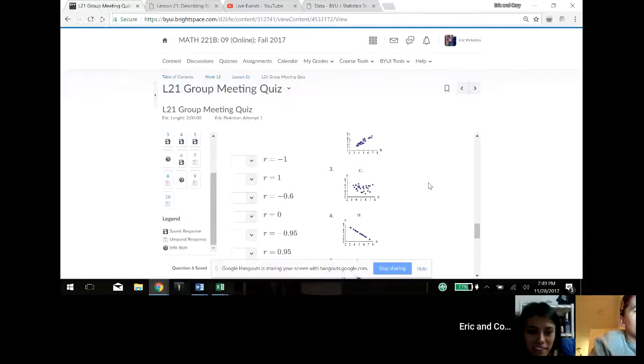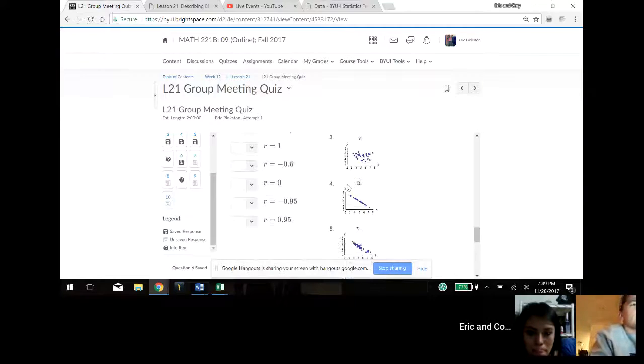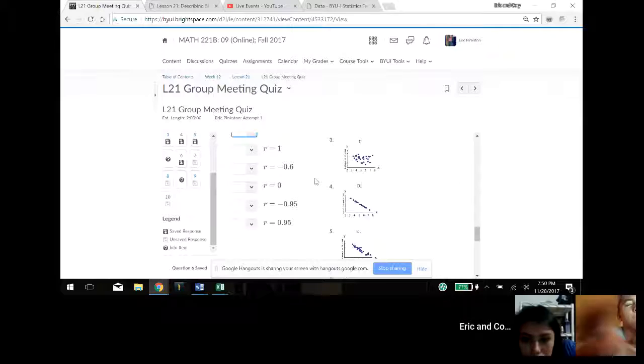Match the scatter plot with the correlation coefficient. R equals -1 is D, or 4. Oh, you have to match each one with each one. So the first one, negative 0.6, we're going D. No, my first one is R equals -1, because I only have 3 graphs that show up. All the others are blank. Scroll down. 2, 4, and 6 are all blank.